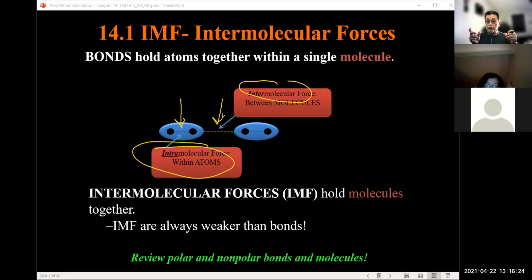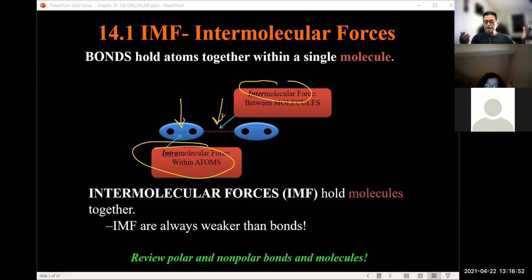Water and alcohol are both polar. That's why you can make a mixed drink, because they dissolve in each other. But the intermolecular forces of the alcohol are much weaker than those of water.